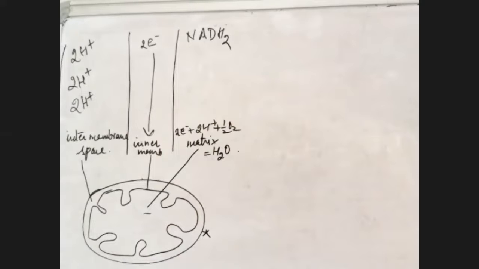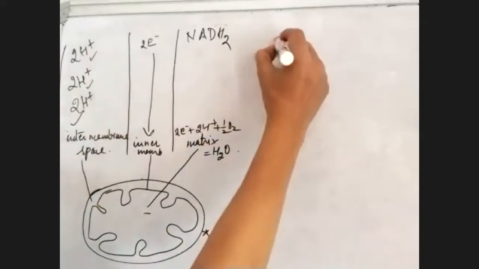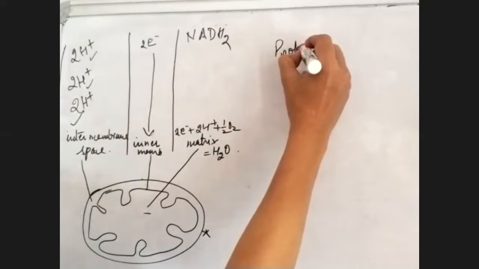Now I told you that a proton gradient develops, because of the high concentration of protons in the intermembrane space.